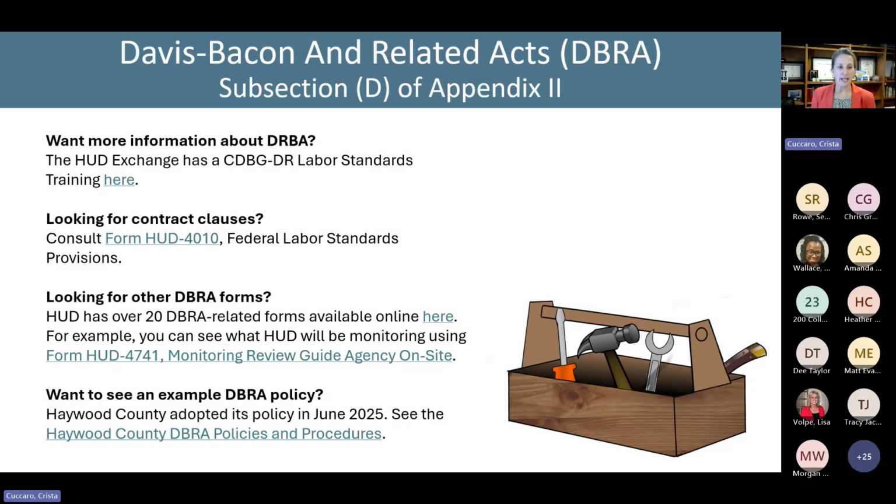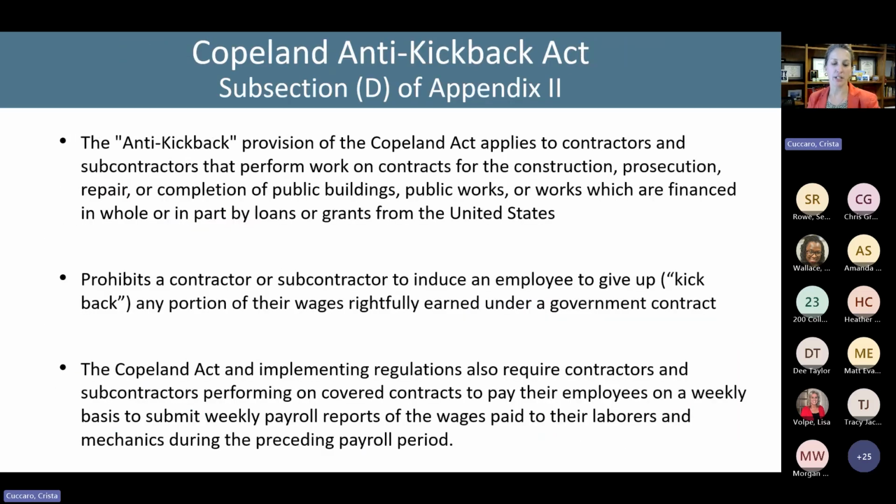So that's Davis-Bacon. I mentioned that Davis-Bacon is a labor standards requirement. We have a couple of other labor standards requirements that I'm going to talk about next. One of them is the Copeland Act, sometimes referred to as the Copeland Anti-Kickback Act.